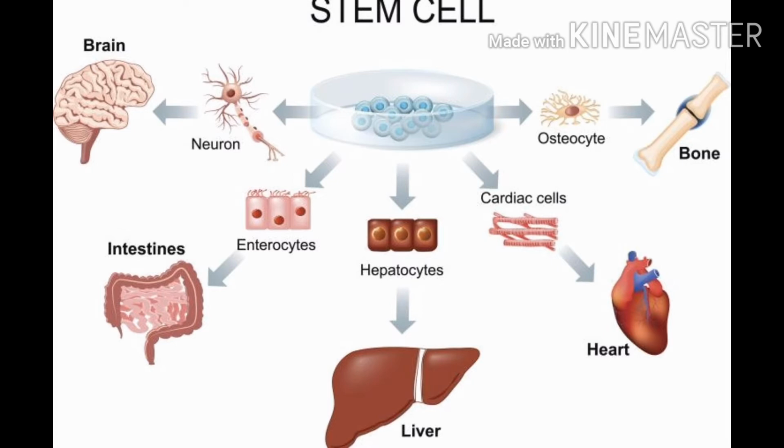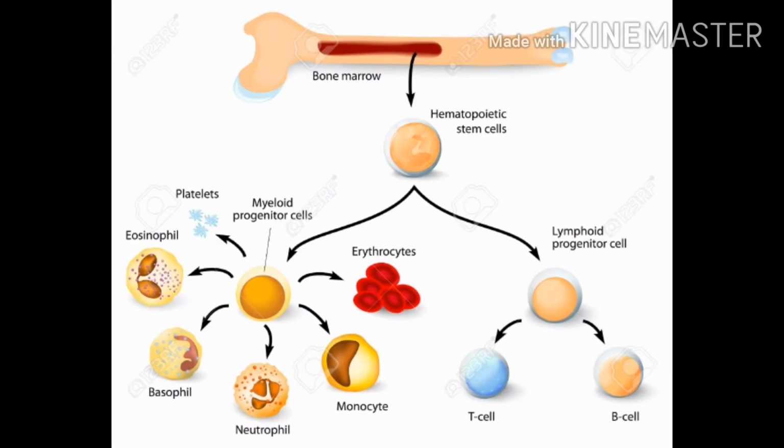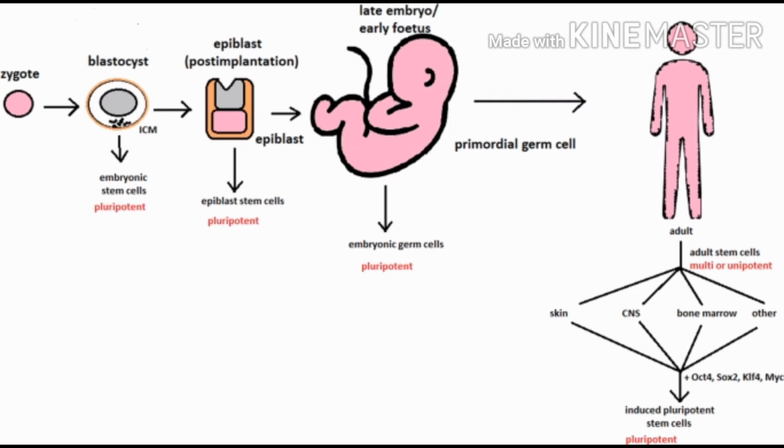However, some stem cells are present in some parts of the body for long duration. The different locations in which these stem cells are present are umbilical cord, by which a fetus is joined to the uterus of mother.